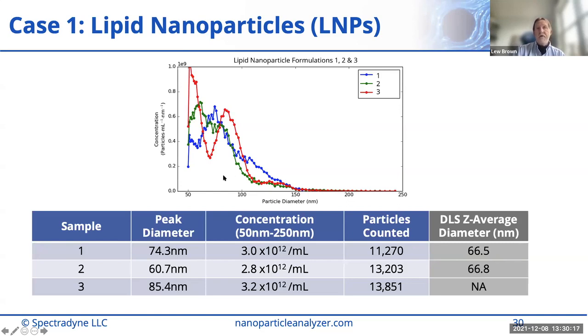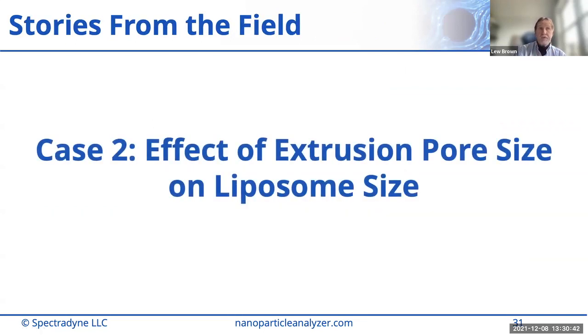So the software allows you to integrate over any range of particle sizes to get the concentration. In this case, we're doing it over the whole range, but in the software I can type in values. So I could say, give me the concentration from 50 to 75, or you can interactively define it by using your mouse. It's quite powerful. So let's go on to another example.